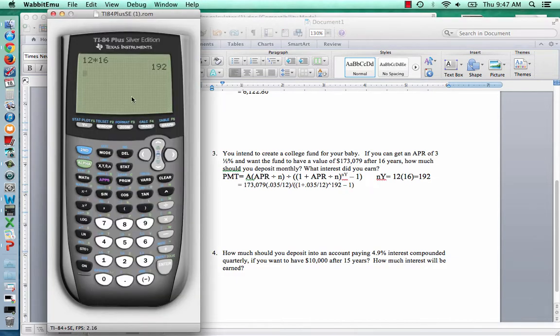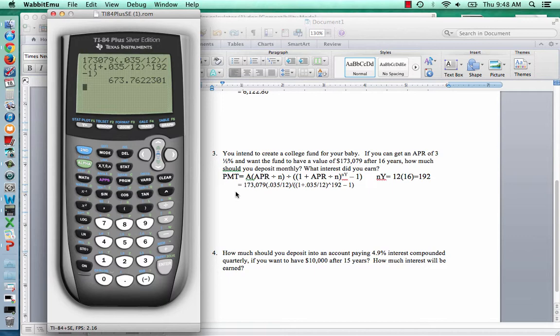So let me start typing that into the calculator. So I have 173,079 times 0.035 divided by 12, and the parenthesis, and then divide again, double parenthesis, 1 plus 0.035 divided by 12, and the parenthesis, to the 192 minus 1, and then end that parenthesis.